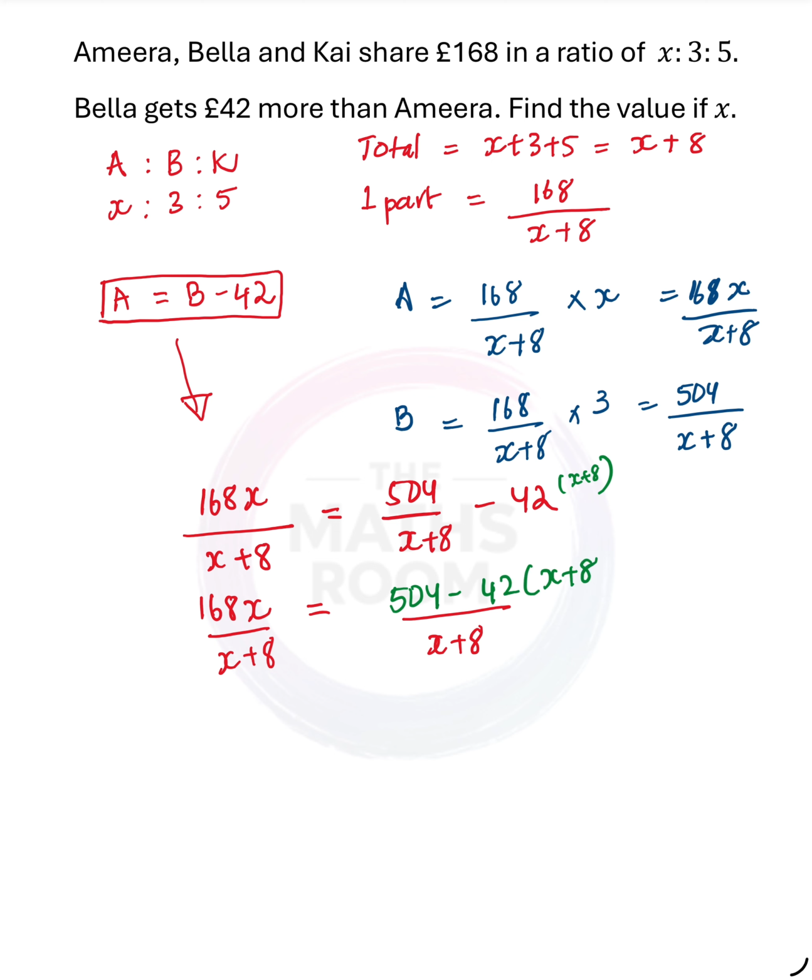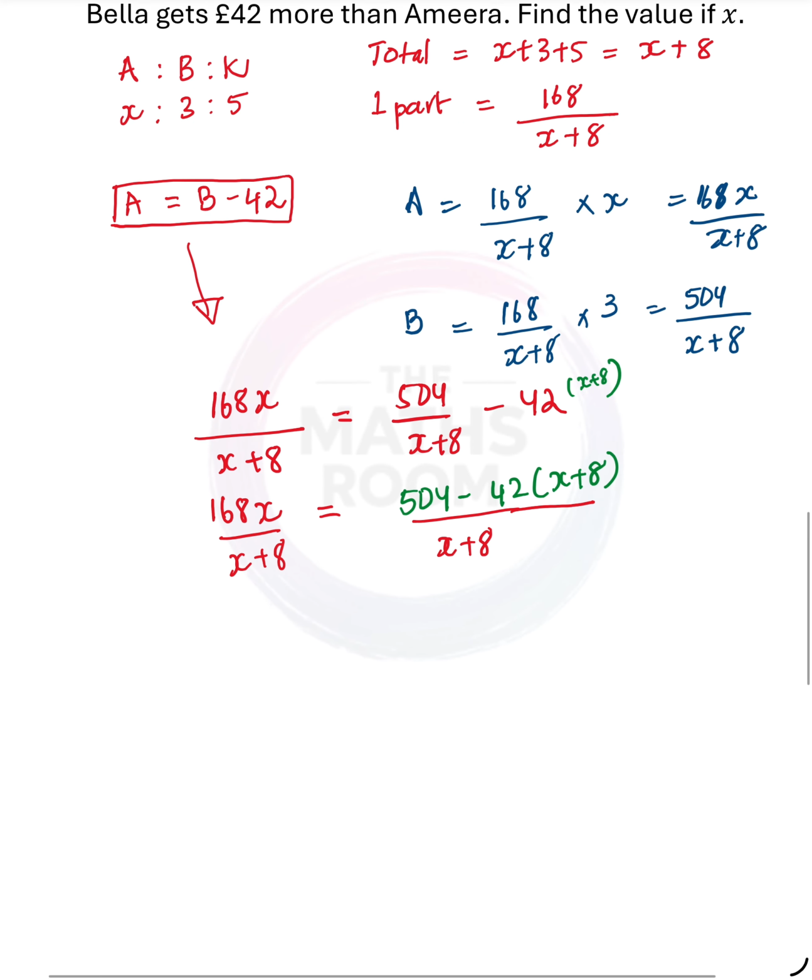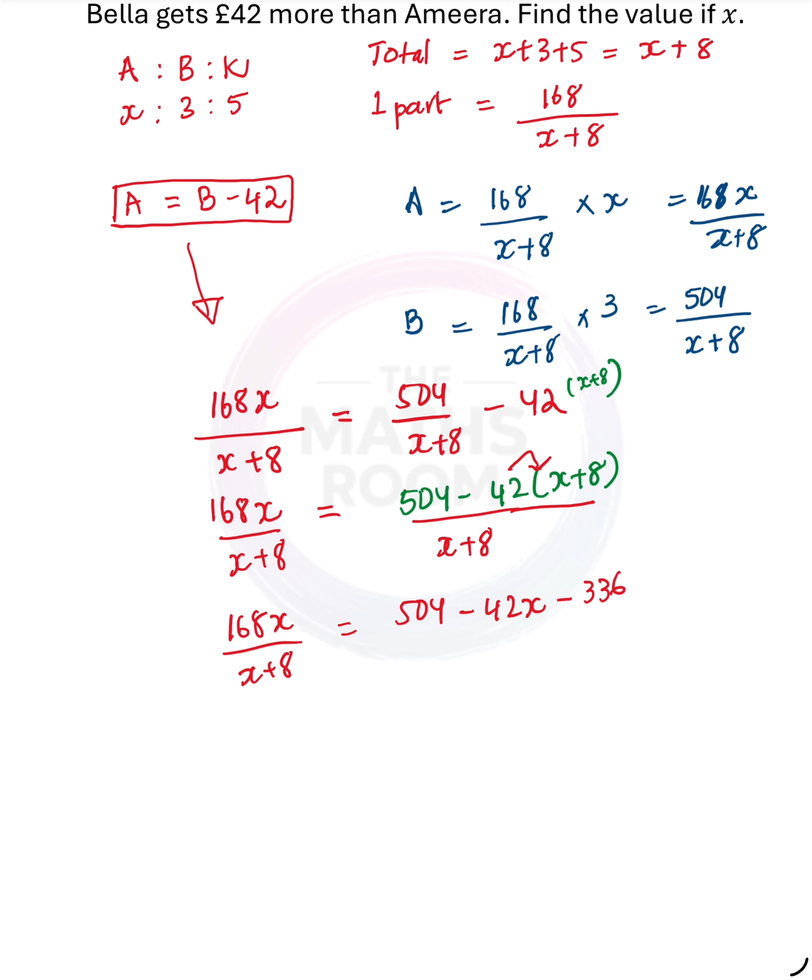Now let's solve this. 168x over x plus 8 is equal to 504, expanding my bracket. Remember the negative, it's negative 42x. 42 times by 8 is 336. Negative and positive again will give me negative over x plus 8.